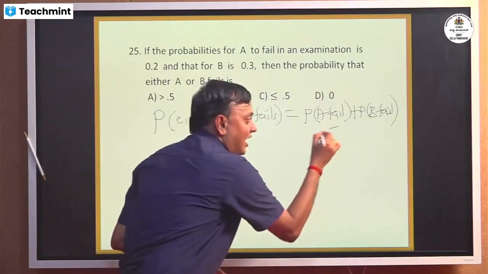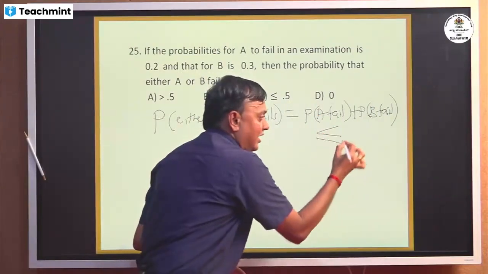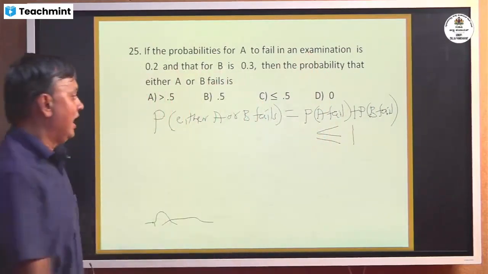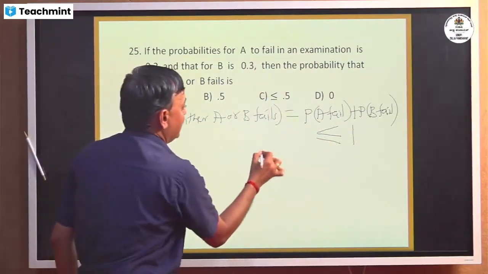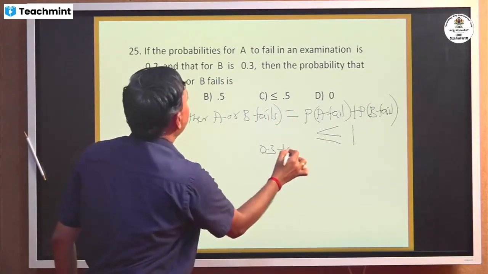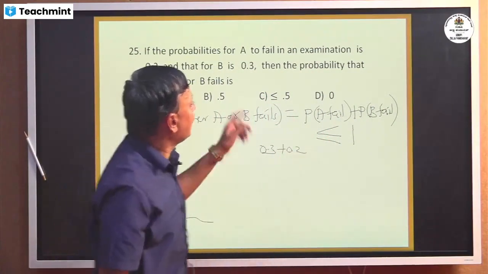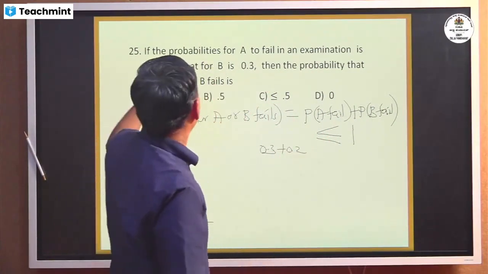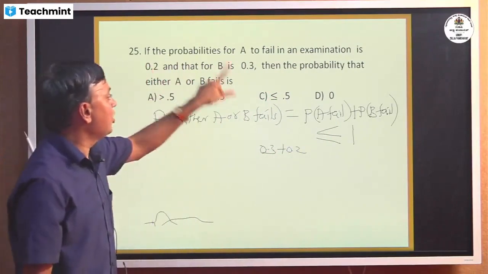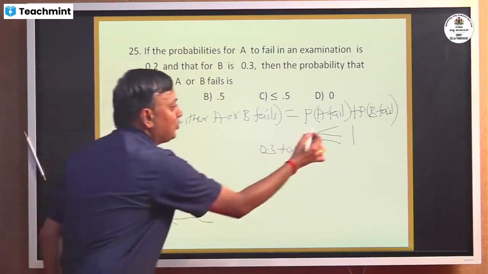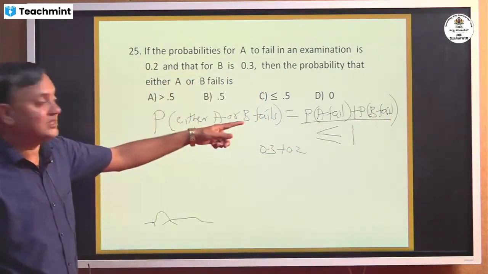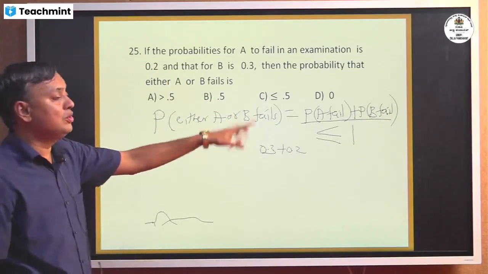This is always, from the previous question I already took, less than or equal to 1. So what is probability of A fail? 0.2, and this is 0.3. Then 0.2 plus 0.3.